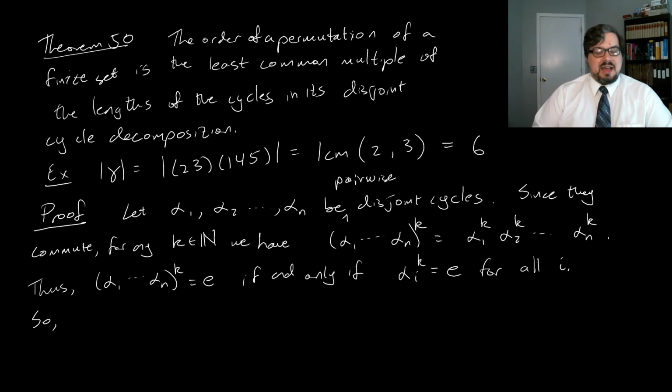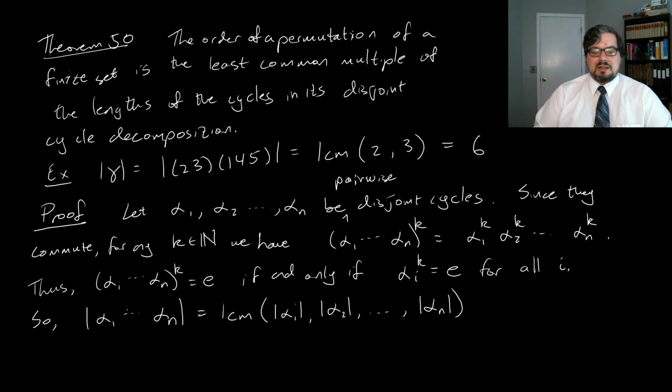This means that the order of alpha 1 through alpha n has to be the least common multiple of the order of alpha 1, the order of alpha 2, up through the order of alpha n, since alpha i to the k equals the identity if and only if the order of alpha i divides k.